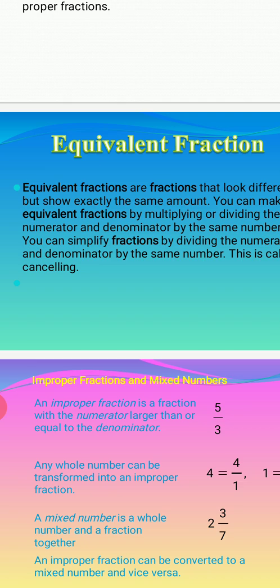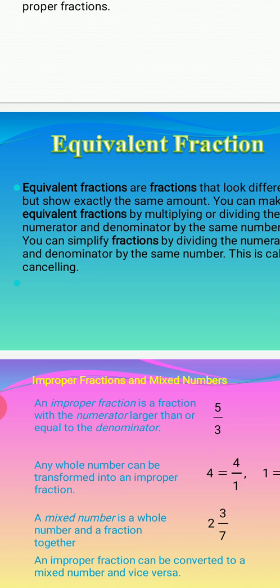Improper fraction, I already told you, is a fraction with the numerator larger than or equal to the denominator. Any whole number can be transferred into an improper fraction. How can we do that?